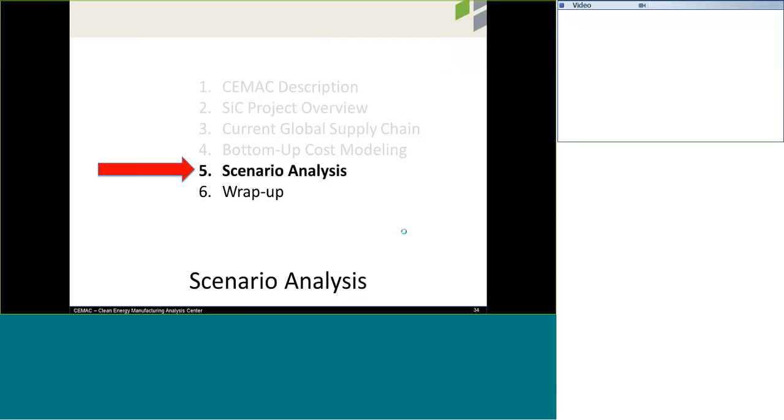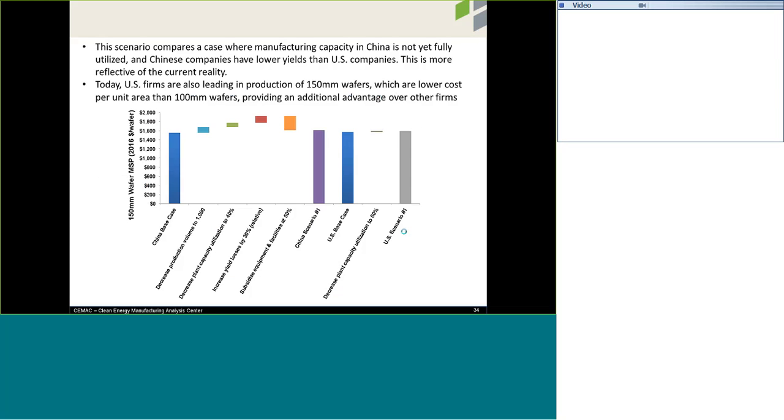As I described, one of the great things the bottoms-up cost analysis allows us to do is to do some scenario analysis, both of what the existing marketplace looks like and futures. So here we have a more realistic representation of what we think the difference between China and the U.S. is. With China, we think that probably you decrease the production volume 80%, where you're only processing 1,000 wafers, which decreases your plant capacity utilization to 40%.